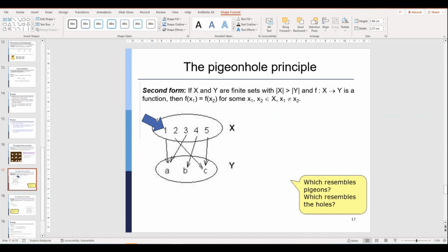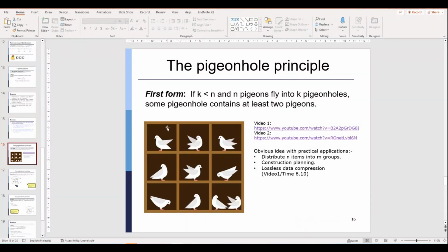So you see, pigeon number 1 and pigeon number 3 have to share the same hole. Pigeon number 2 and pigeon number 5 have to share the same hole. Pigeon number 4 is lucky, because nobody is residing in that hole, so it has hole B all for itself.